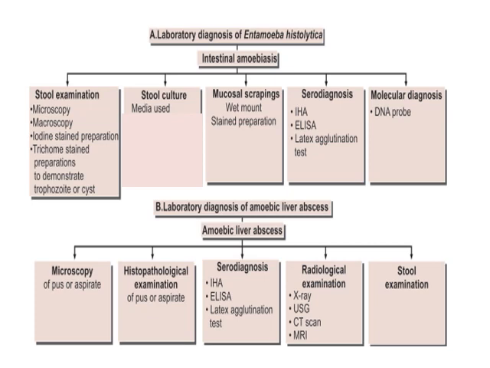While for extra-intestinal amoebiasis, especially liver abscess, we can diagnose by microscopic examination of pus or aspiration, histopathological examination, and serological diagnosis by indirect hemagglutination, ELISA test, and latex agglutination test.